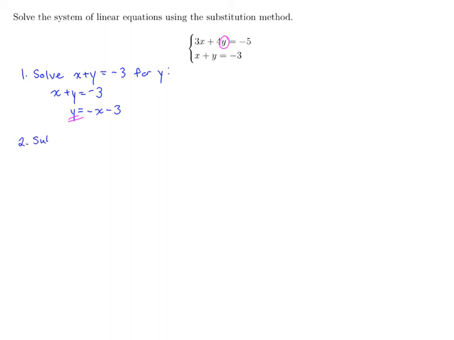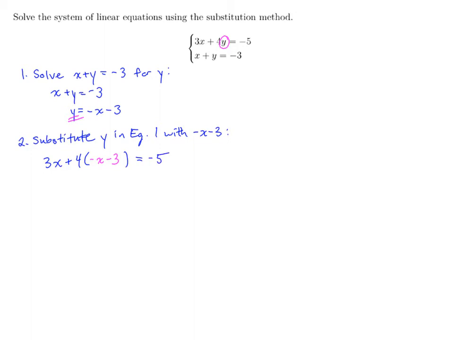So I will substitute y into equation 1 with negative x minus 3. So I'll take 3x plus 4, and I'm going to replace that y with negative x minus 3, and that equals negative 5.